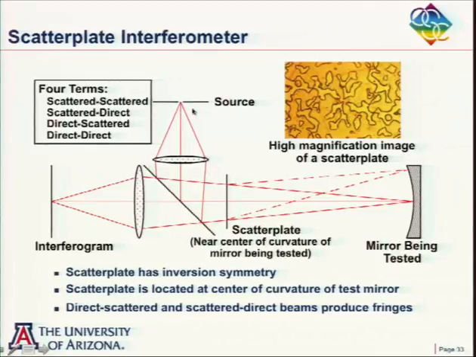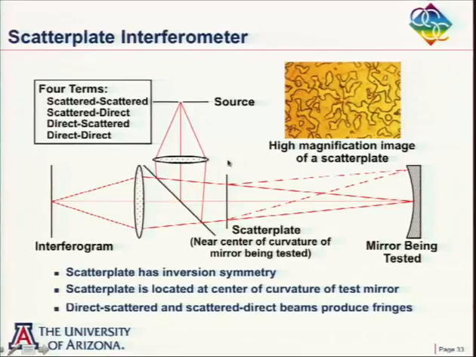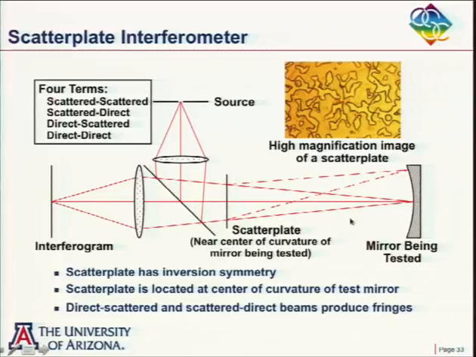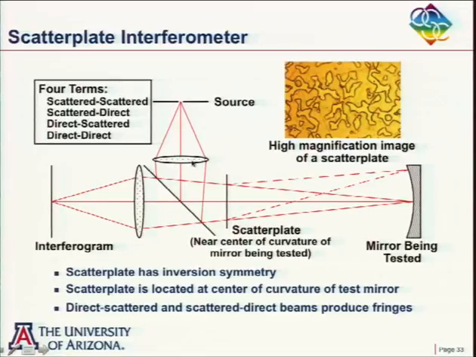Okay, so we start out here with the source, and as I said, that can be almost anything. Then we have this lousy lens. It doesn't have to be good at all. Then a crummy beam splitter. And then we go through this scatter plate. I'll come back to that in a minute. That's the tricky thing, I guess I'll say. The light goes to the mirror and comes back through this lousy beam splitter, and we have another crummy lens here and our interferogram back here.